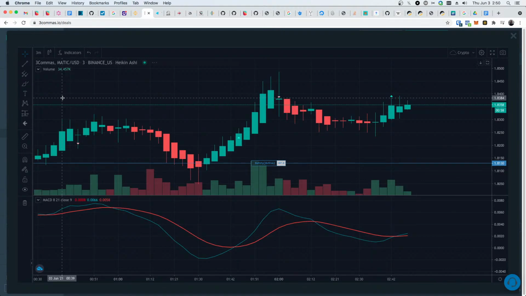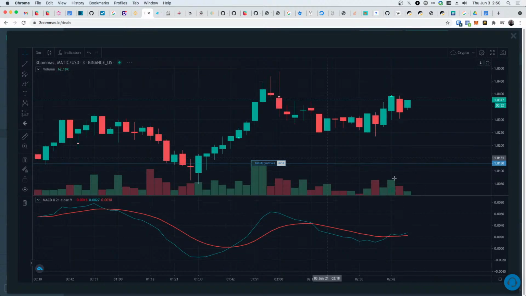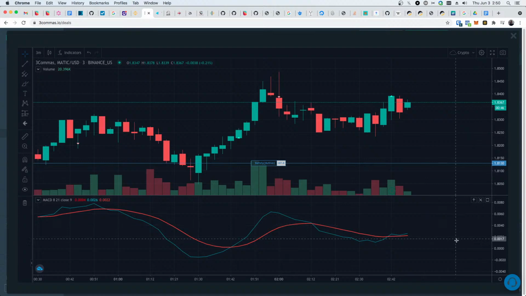And let's turn on some Heikin Ashi. Yeah, so that would have been that we're still kind of on a good run there, and we haven't been doing the gyrations too much on the MACD. So we just got to let this trade play out, folks.